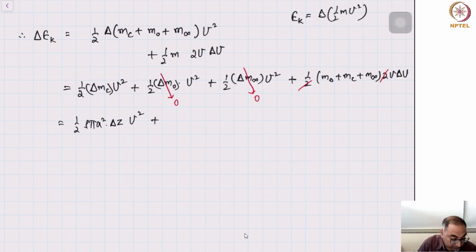Then mc, the mass in the column, would be pi a square rho z. m naught would be 2 by 3 pi a cube rho, and m infinity in this case would be half rho pi a cube.